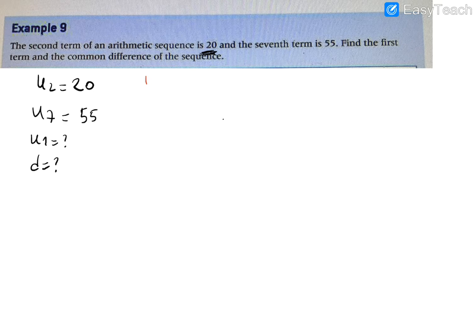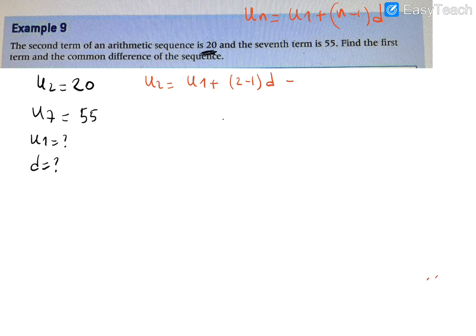So for this one, u2, can I write this like u1 plus (2 minus 1) times d? Yes, I can. I'm just using the formula. Remember the formula, un equal to u1 plus (n minus 1) times d. If n is 2, then you just replace n with 2.